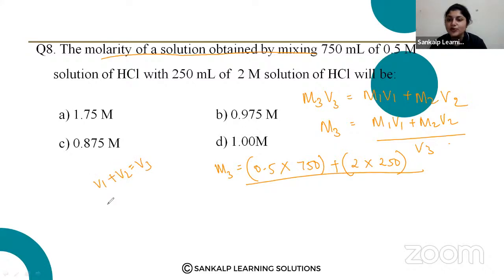V1 is 750 and V2 is 250, so 750 plus 250 will be 1000. So this is the total, that is V3. Now solve this and see what answer you'll get.